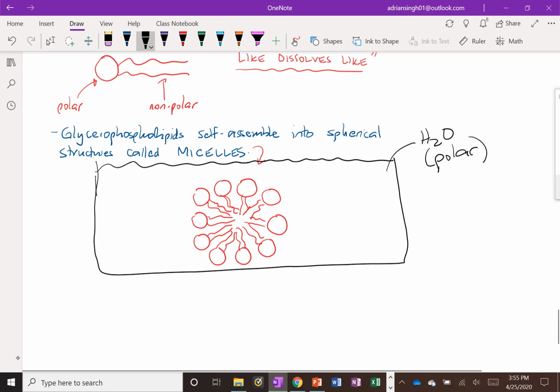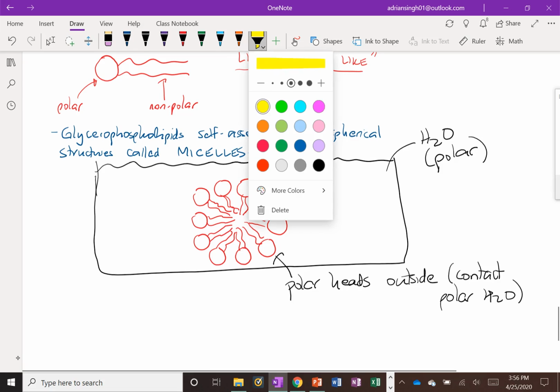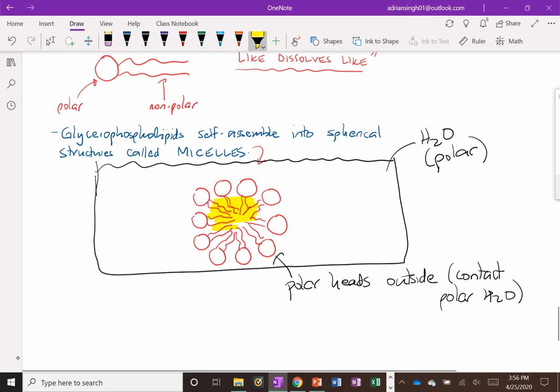So what you'll see with the micelles, which are made by self-assembly of these glycerophospholipids, is that the polar heads are on the outside, where they contact the polar H2O, and the non-polar tails, which we'll highlight here in yellow, form the middle or the center of the micelle.